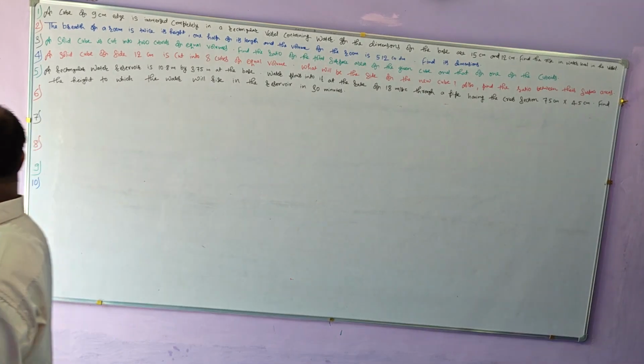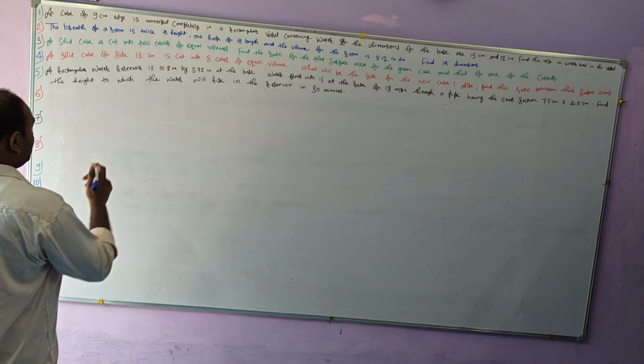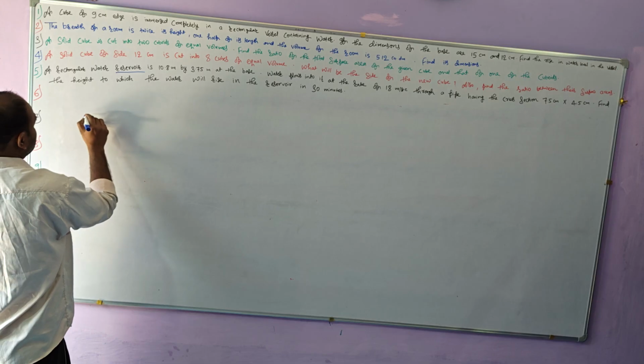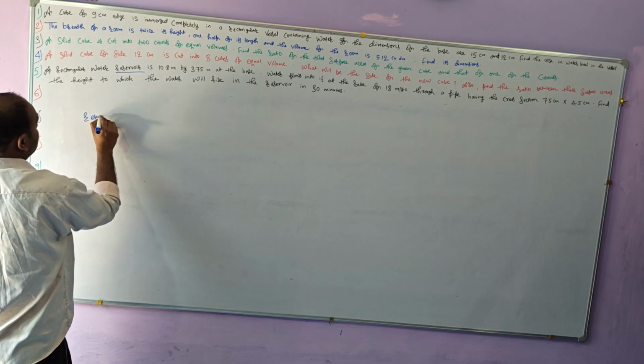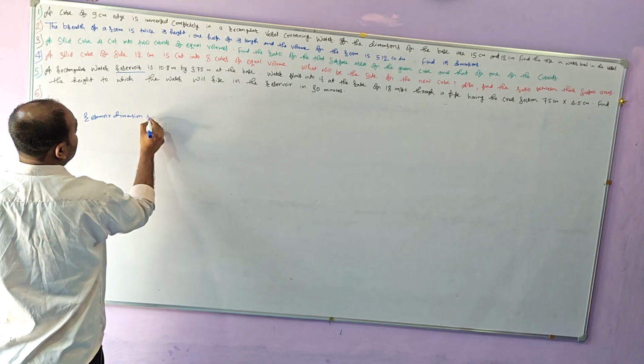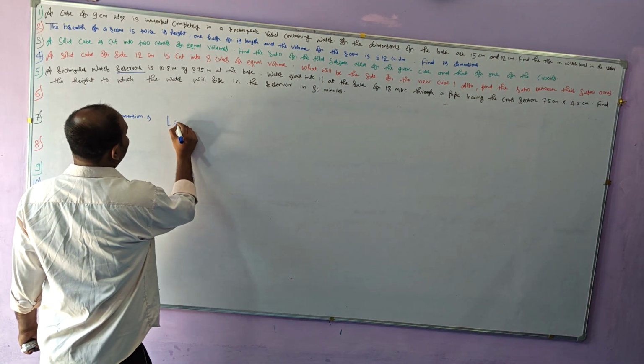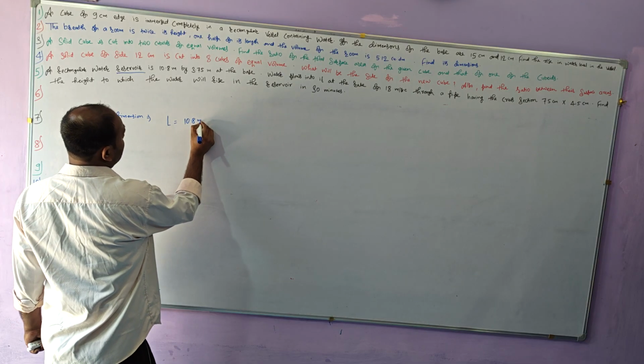So we have the reservoir dimension. L is at the base, so L is equal to 10.8 meter.